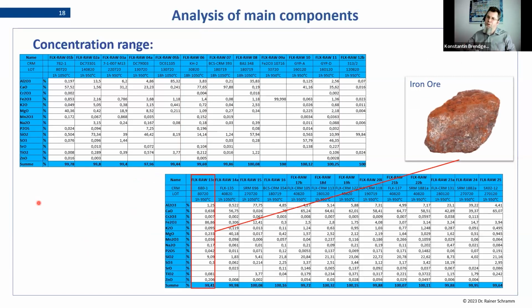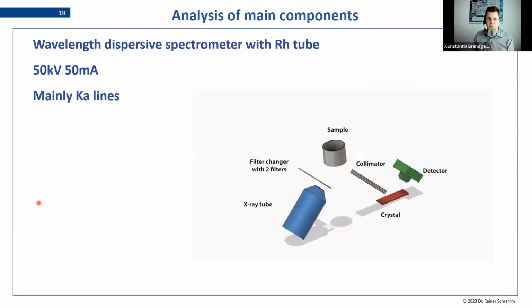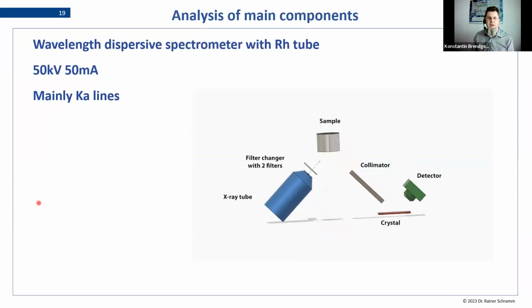So you can put all of these different materials into one calibration and still get quite a good performance out of it. So this allows you to basically use the raw material program for your geological sample, but only for the first part. This is only for the main components. We'll have an example later to see what main components means in concentration units.